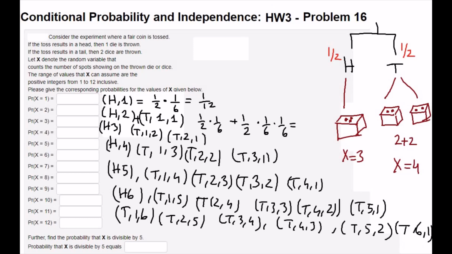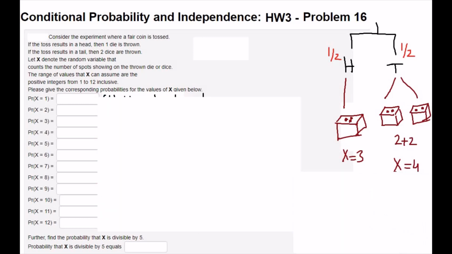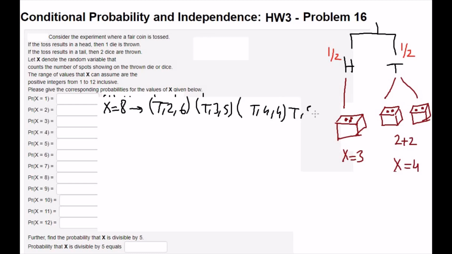Let's continue with the value that x can take is 8. So for x equal to 8 we need tail 2, 6, tail 3, 5, tail 4, 4, tail 5, 3, and tail 6, 2.